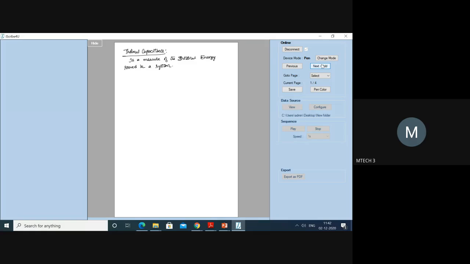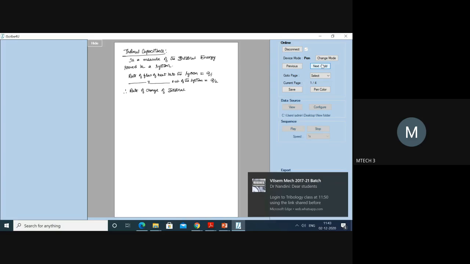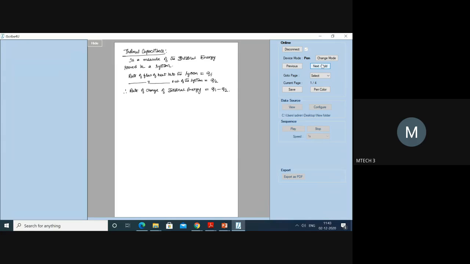Write down: if the rate of flow of heat into the system is equal to Q1, and the rate of flow of heat out of the system is equal to Q2, then the rate of change of internal energy will be equal to Q1 minus Q2.